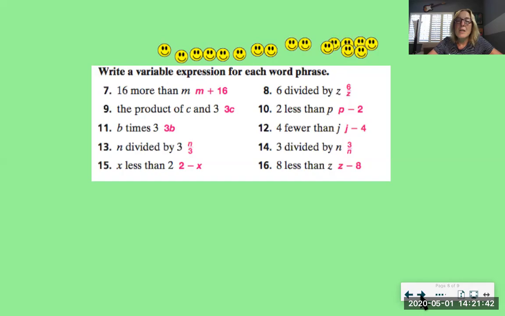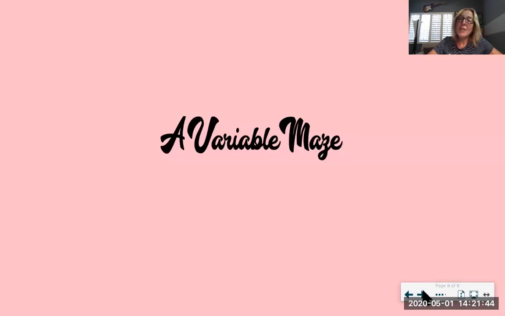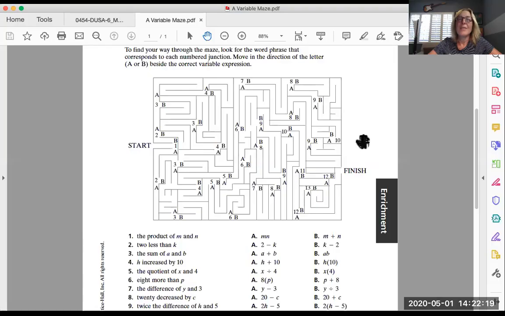Okay? So today you're going to do an assignment called a variable maze. In this maze, you're going to find your way from the start to the finish. So you're going to start where it says start, and you need to finish where it says finish.